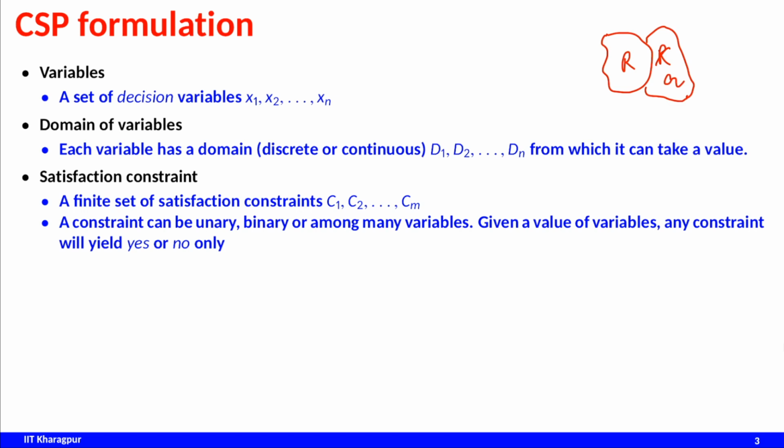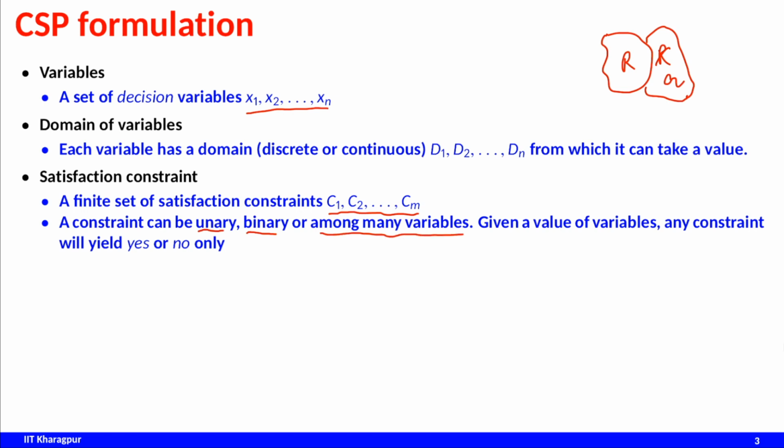So we have to define the set of constraints, and these constraints will be based on the decision variables, and there can be a few other parameters which can be an input as well. This constraint can be unary, it can be binary, and it can have many variables.